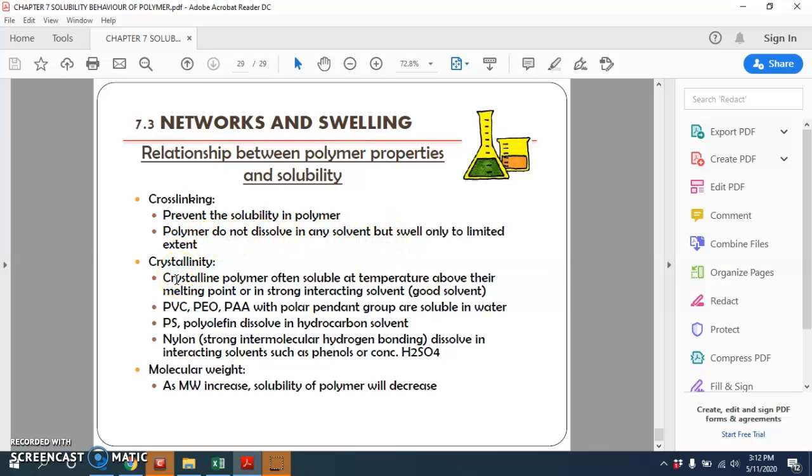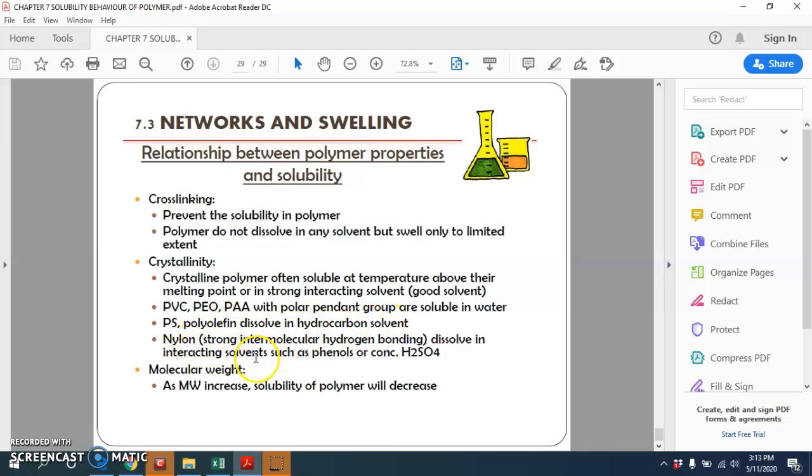If the polymer has high crystallinity, crystalline polymers are often soluble at temperatures above their Tm or in strong interaction solvents. PVC, PEO, PAA with polar pendant groups are soluble in water, while polystyrene and polyolefin dissolve in hydrocarbon solvents.